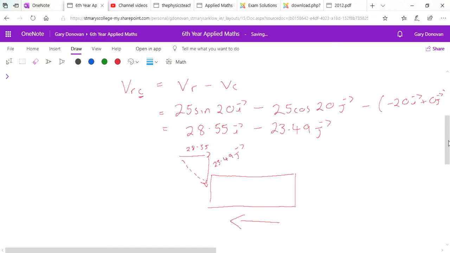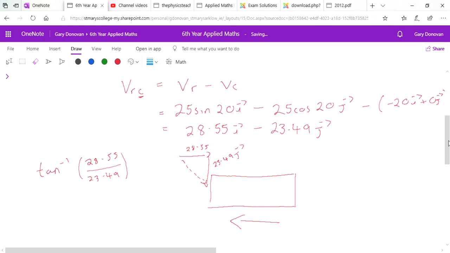So we could find this angle by getting the tan inverse of 28.55 all over 23.49.